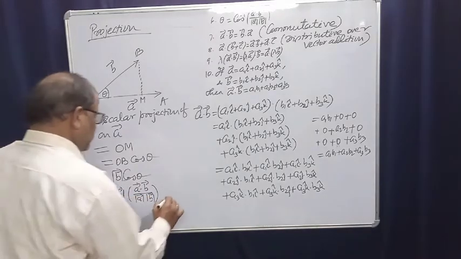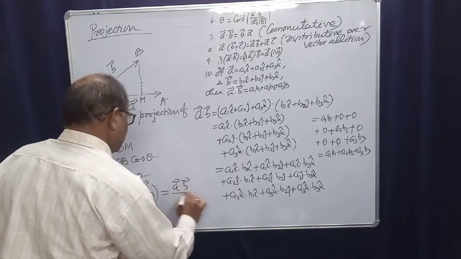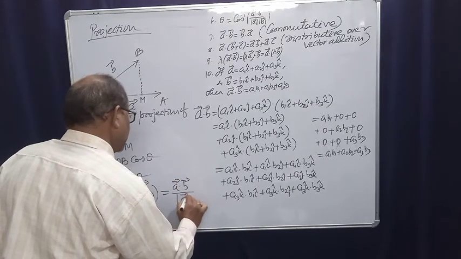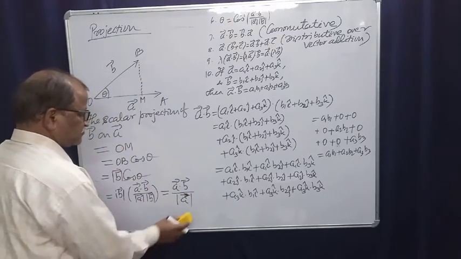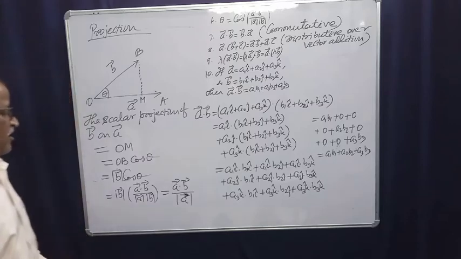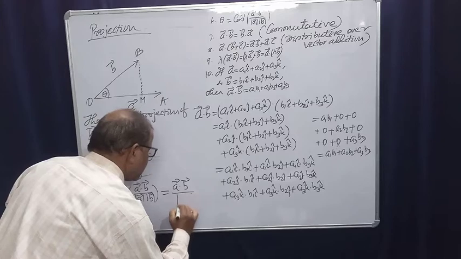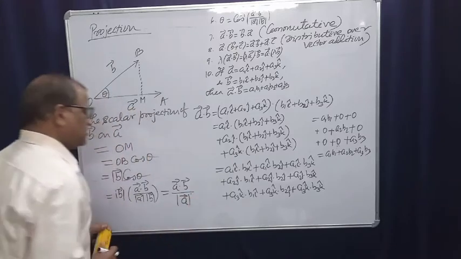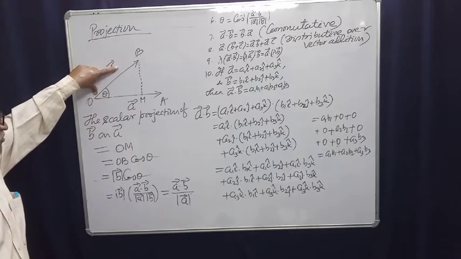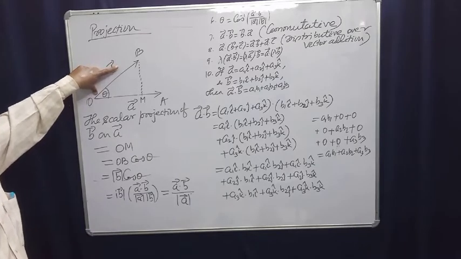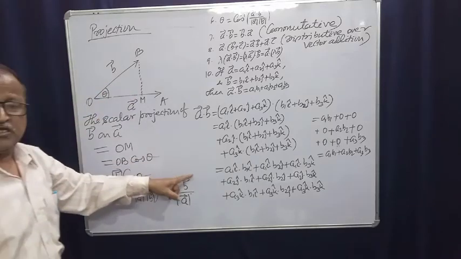Now we find it is A dot B by magnitude of A. That means the scalar projection of a vector B on a vector A is A dot B by magnitude of A.